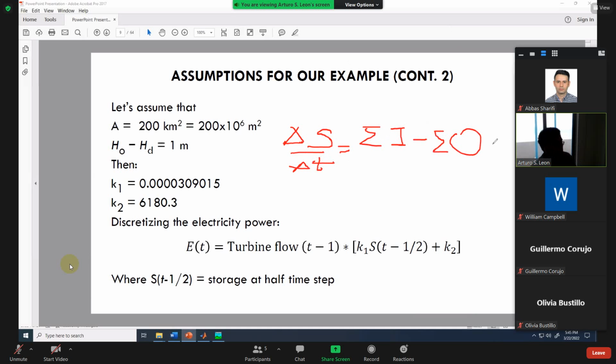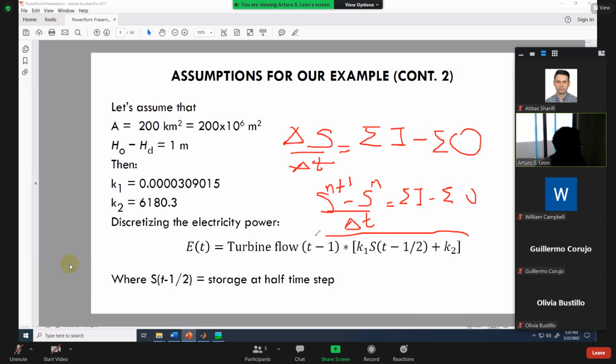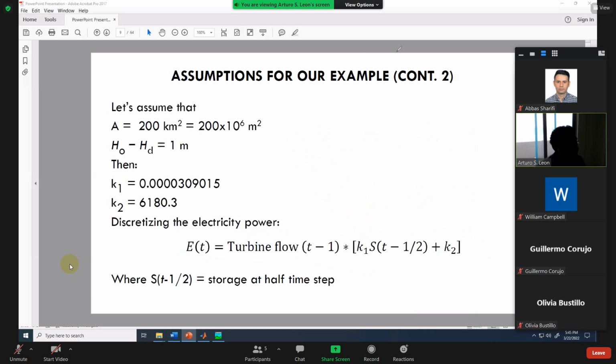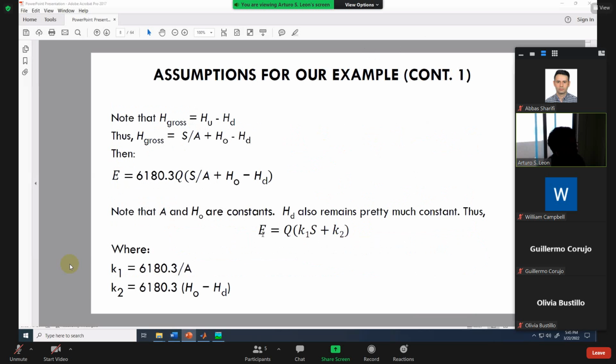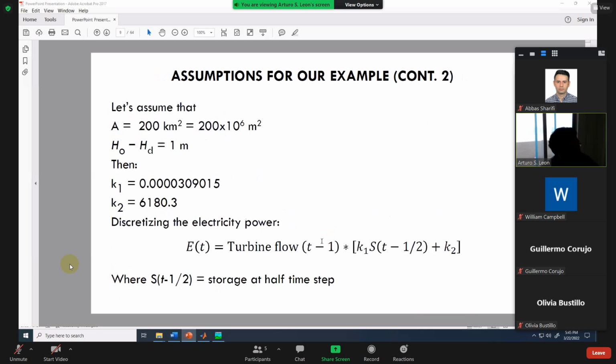Of course, here it is going to be the storage at the next time step minus the storage at the previous time step, divided by delta T, equal to the sum of inflows minus the sum of outflows. So this equation is simply the same as the previous equation. Let's go back to here, and if you have this one, it's the same equation, so I can discretize. The energy at time t will be Q at time t times K1, so I am simply discretizing.